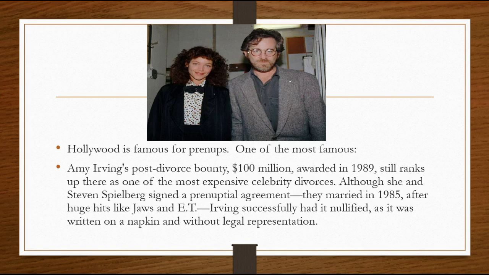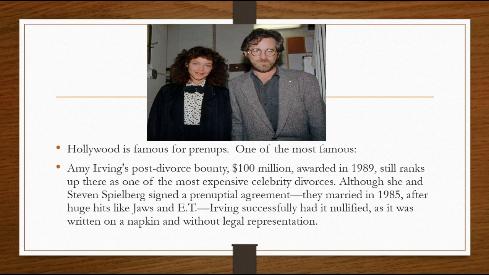All right, so prenup, we already kind of discussed the definition of that one, so I'll let you read that on your own. And one of the most famous prenups of all time was Amy Irving's and Steven Spielberg's, because she had a written one on a napkin and she didn't have legal representation. Typically, somebody who enters into a prenup has to have the opportunity to have that reviewed by an attorney.